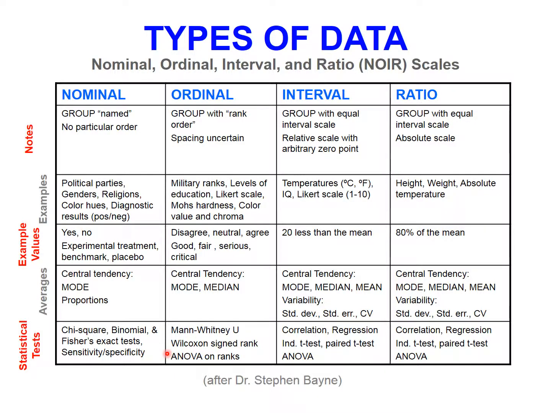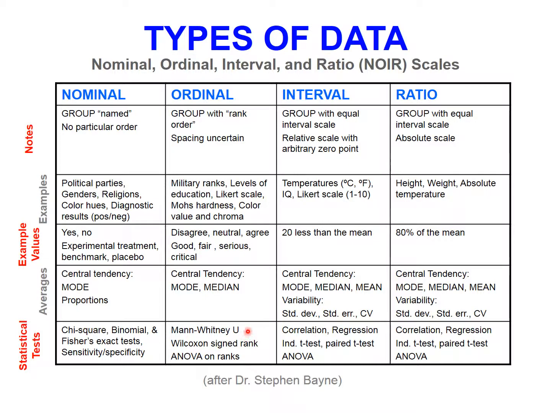ANOVA on ranks is a somewhat lesser version of the traditional ANOVA, and you see rank here again. So often the statistical tests that we use with ordinal variables are called ranked tests because we just keep track of whether a response is in first place, second place, third place, fourth place, and so on in terms of ranks when we do the calculations in the software, instead of having exact numbers that we can compare.